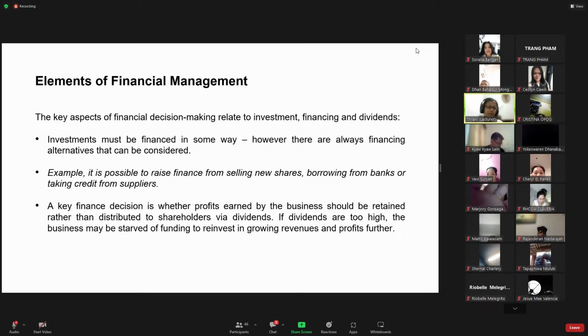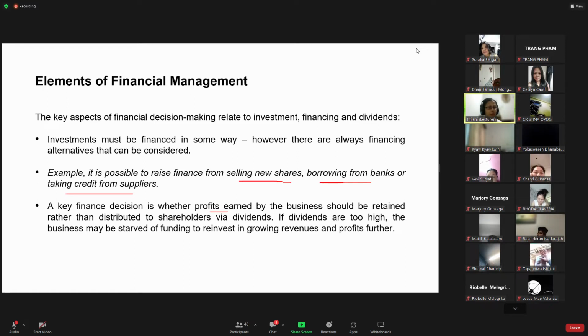There can always be other alternatives in terms of financing. Look at this. Raise finance from selling new shares. That's one way of obtaining finances, or borrowing from banks, or taking credit from suppliers. These are ways that you can increase your finances, right? But the key decision is whether profits are earned.